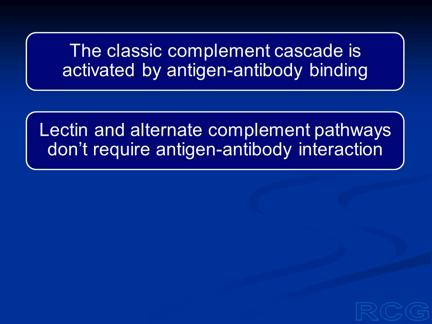The classic complement cascade is activated when an antigen binds the complementary antibody. So antigen-antibody binding is required for activation of the classic complement cascade. But the other two pathways, the lectin pathway and the alternate complement pathway, do not require an antigen-antibody interaction.